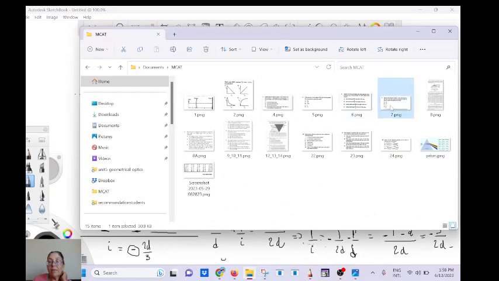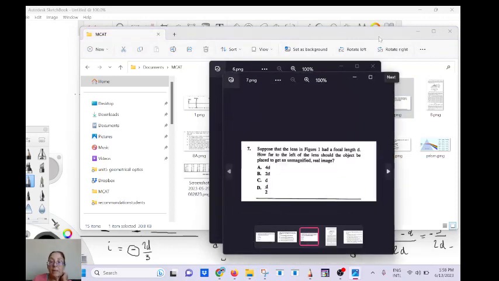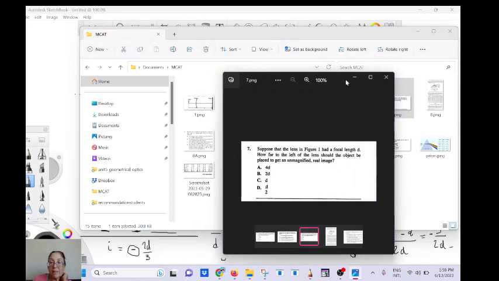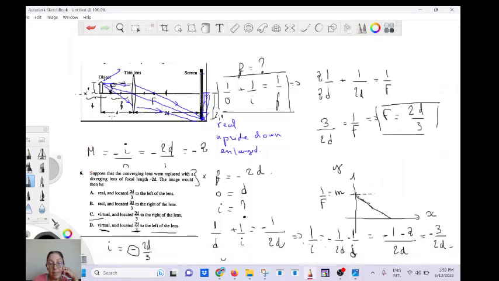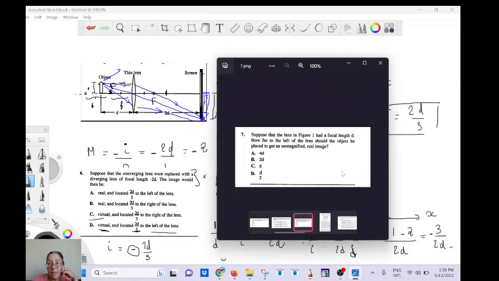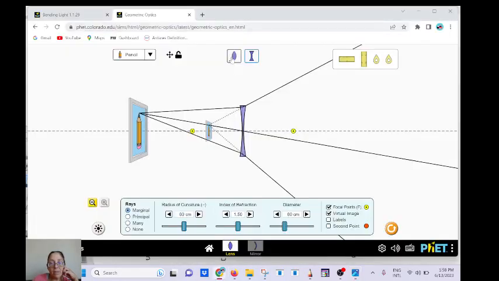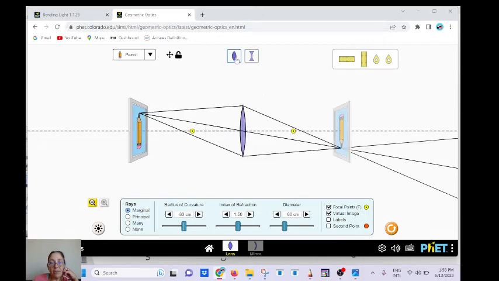Okay, so number 7. Still the same image. It's still the same situation here, but now they want to know how far to the left of the lens the object should be placed to get a magnified real image. So let's go back: this is diverging, this is converging.